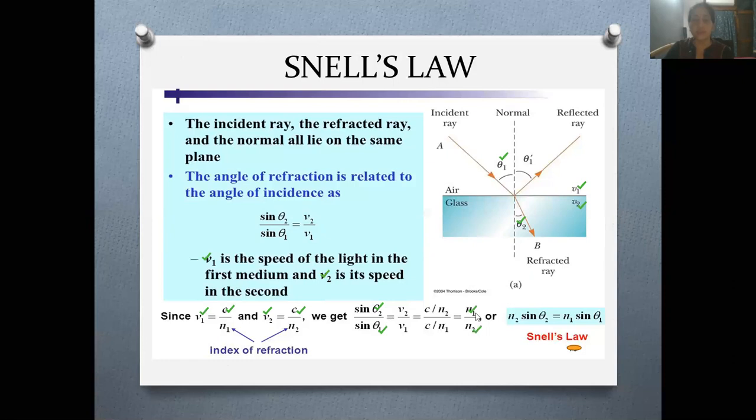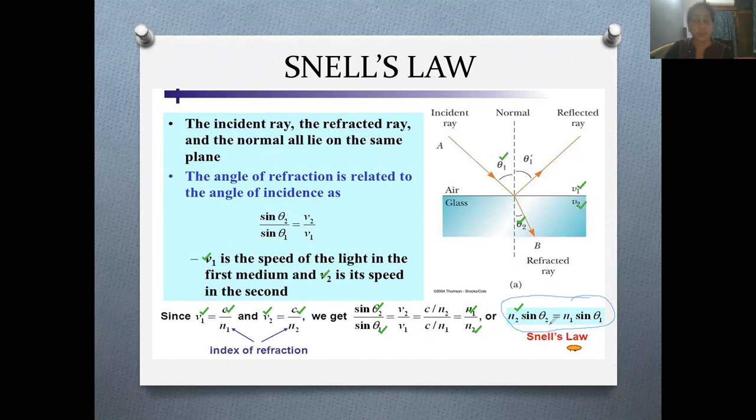This is the refractive index of medium 1 upon refractive index of medium 2. If we cross multiply, we get this. This is Snell's law, or the second law. So we can write this equation in this form.